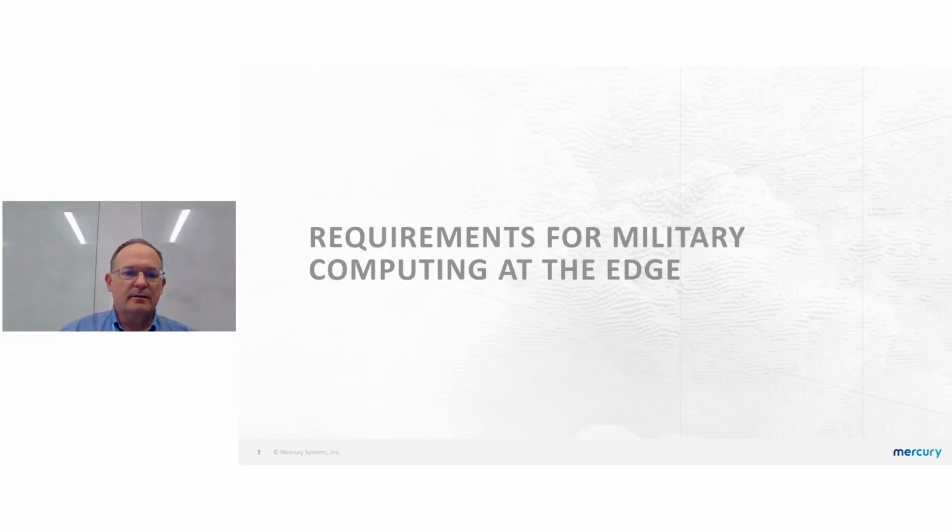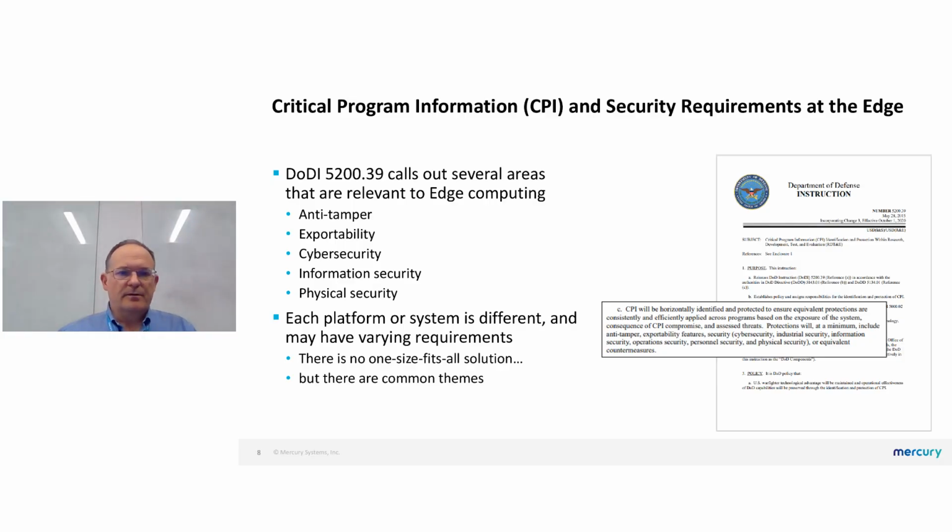So we're going to move on to talking a little bit about requirements for military computing at the edge. And really a lot of these ideas, again, also exist in the commercial space. Starting with probably the one that's cited the most in the U.S. for DoD systems, DoD 5200.39, which calls for identification and protection of what's called critical program information in military systems.